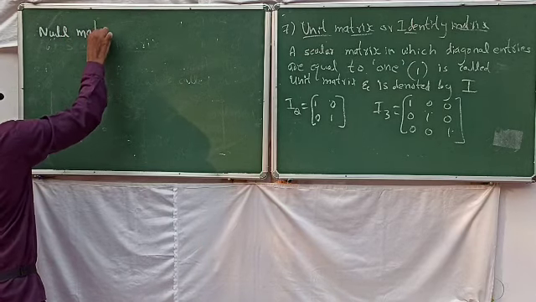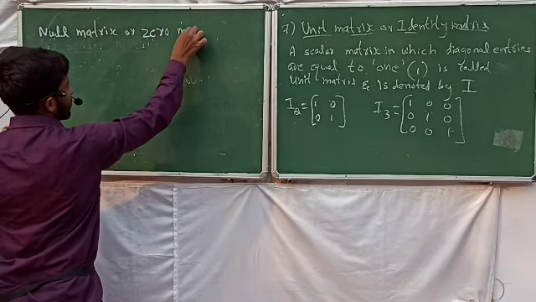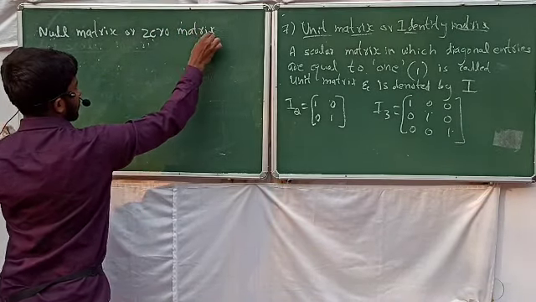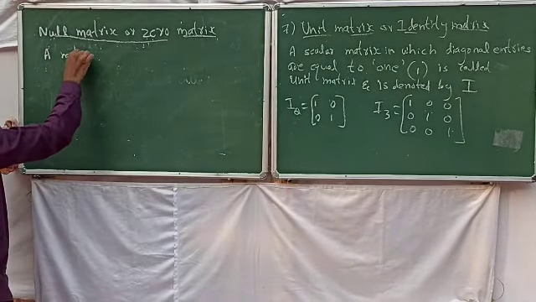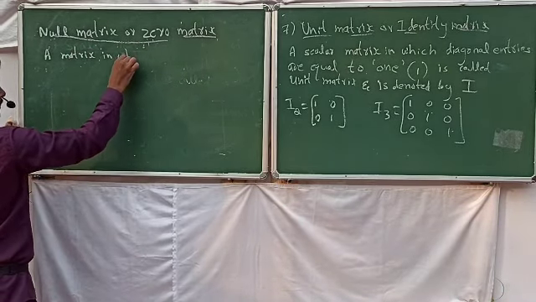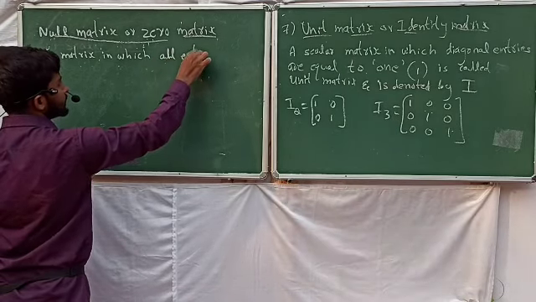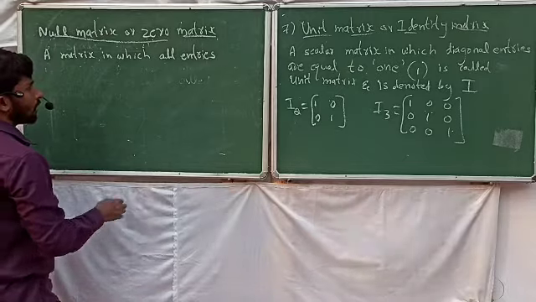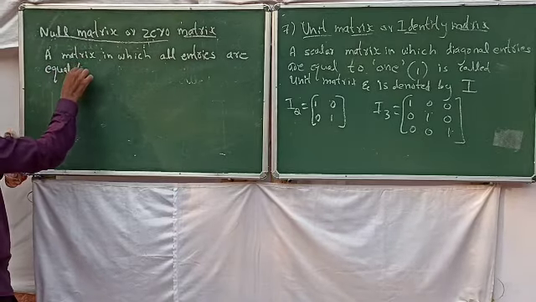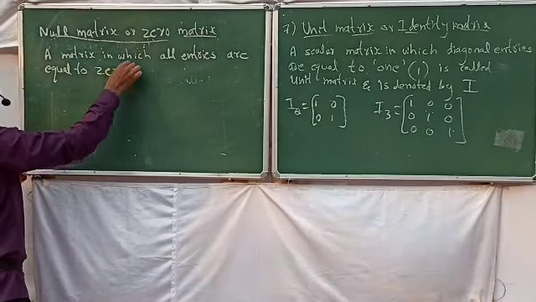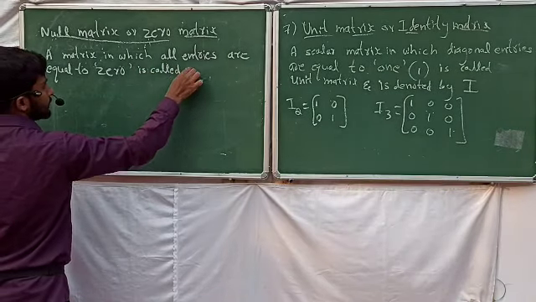Null matrix, or another name is zero matrix. Okay, so very simple definition: a matrix in which all entries, which is nothing but elements of the matrix, are equal to 0 is called a zero matrix.